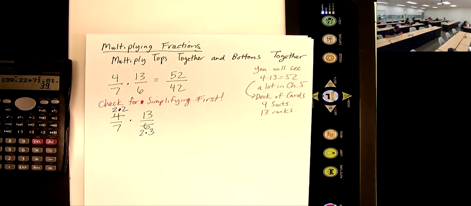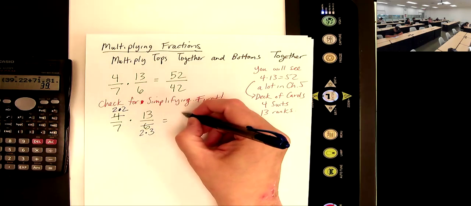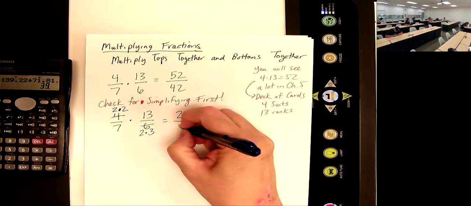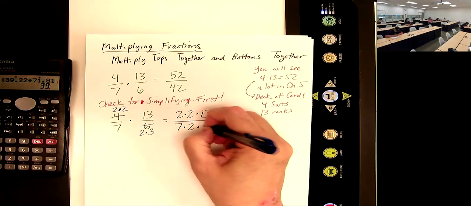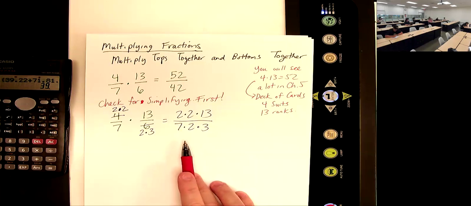7 and 13 are both prime. Now I could write this as 2 times 2 times 13, and I will for now. And the idea is if you break it up before you get to this part, it's easier to see what cancels.